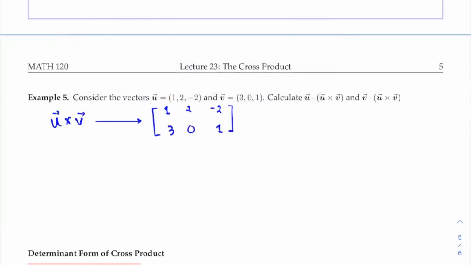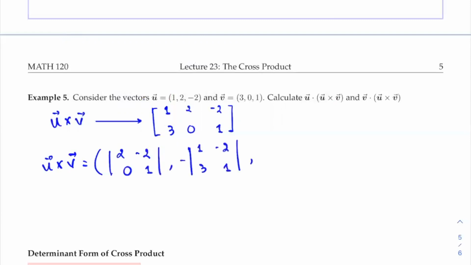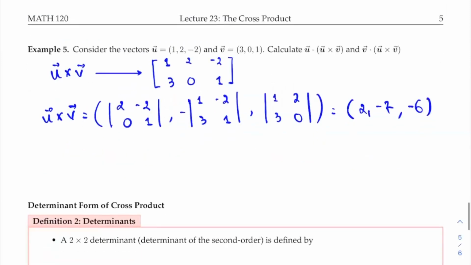The cross product is equal to the determinant of 2, -2, 0, 1, minus the determinant of 1, -2, 3, 1, and then the last one is the determinant of 1, 2, 3, 0. And the result of the cross product is 2, -7, -6.